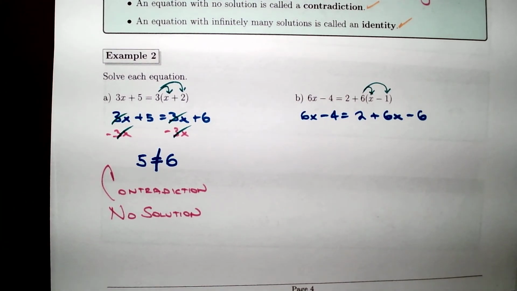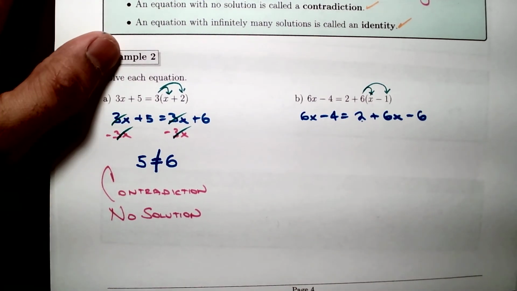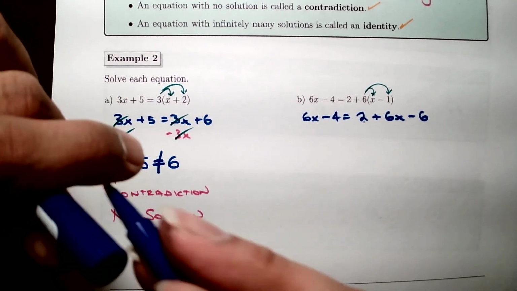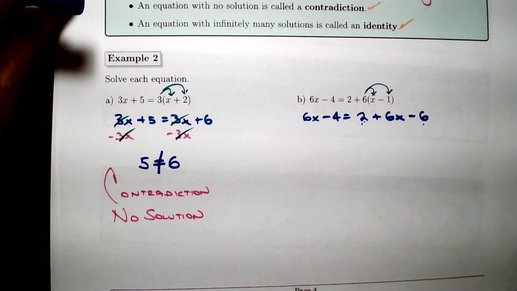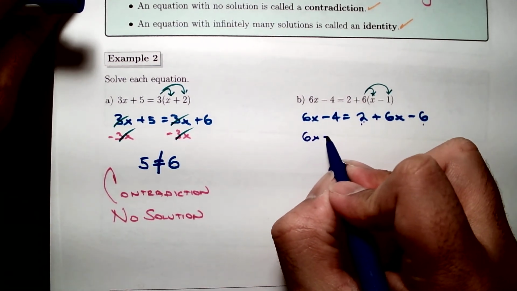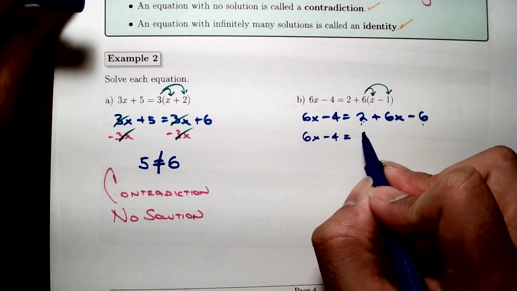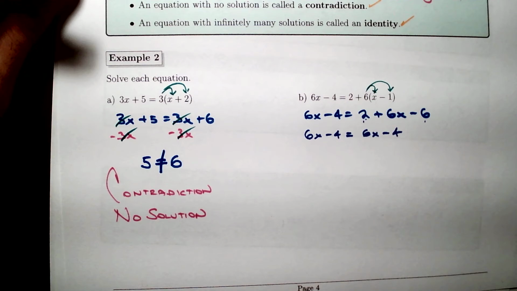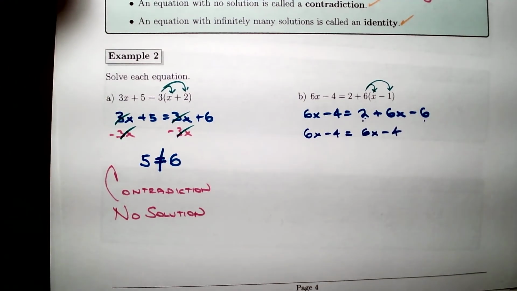Alright, let's see now, what do we have? So let's combine like terms, and in this case, I'm going to combine 2 minus 6, that's going to give me negative 4, so 6x minus 4. So now I'm going to move the x's to the left hand side.